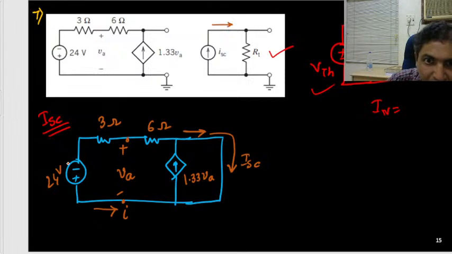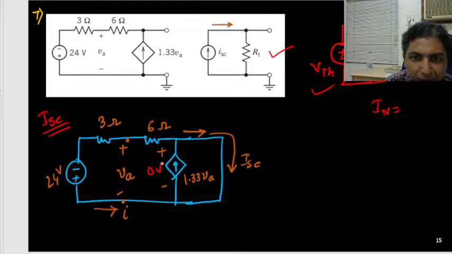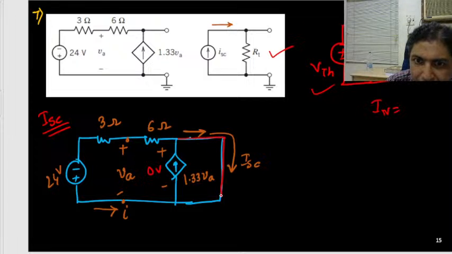Okay. So you can see that this is one single loop, so I can consider this loop. There is no drop as it's a short circuit. There is no voltage drop. So the potential across this one is 0 volt. This is important. Am I correct? Because it is a short circuit, this end is shorted.